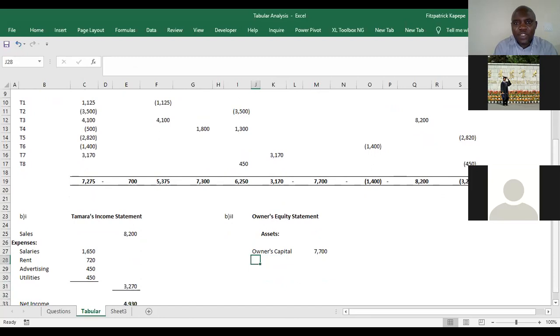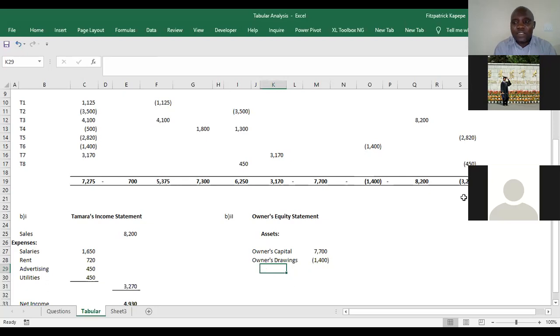What else is following there? Owner's drawings. So owner's drawings, guys, is reducing your capital because you have decided to use the money that you had invested in the company for your own personal use. So it reduces your capital.